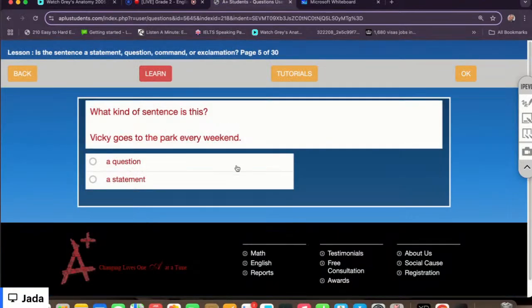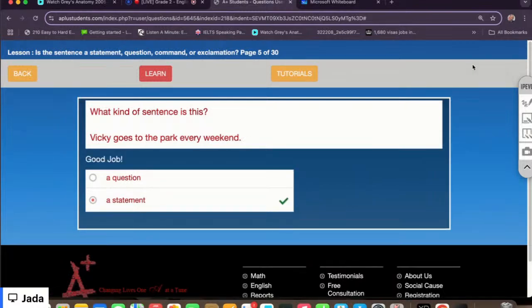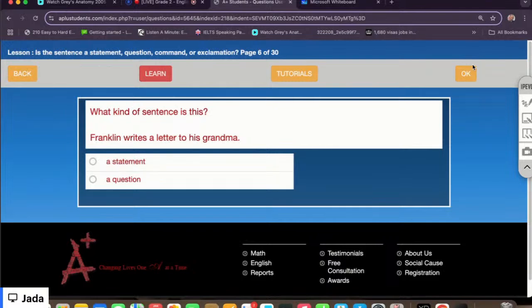Okay, so Vicky goes to the park every week is a statement because it's telling us what Vicky does.